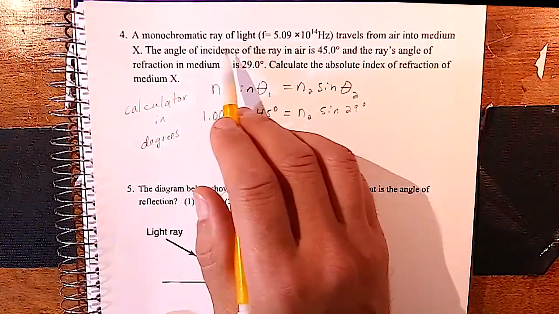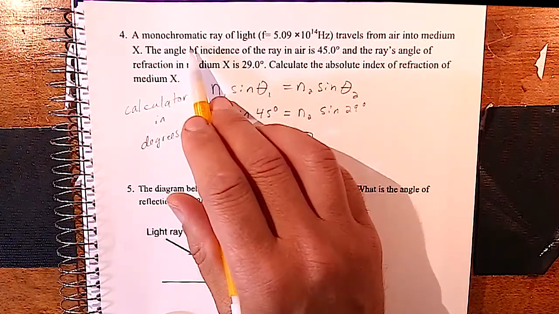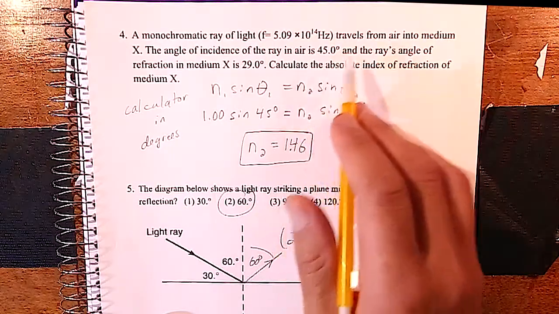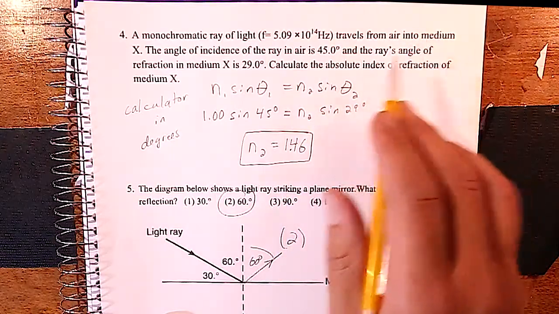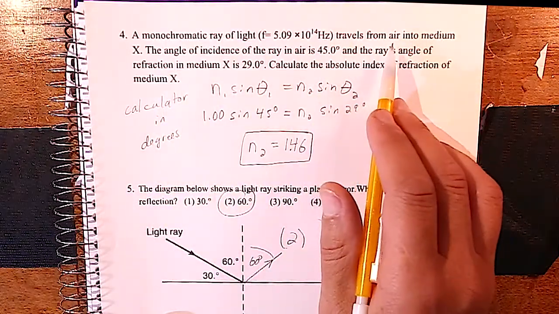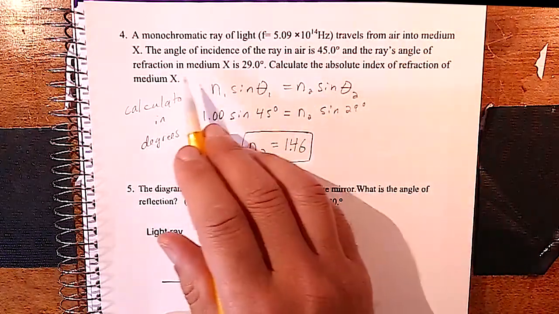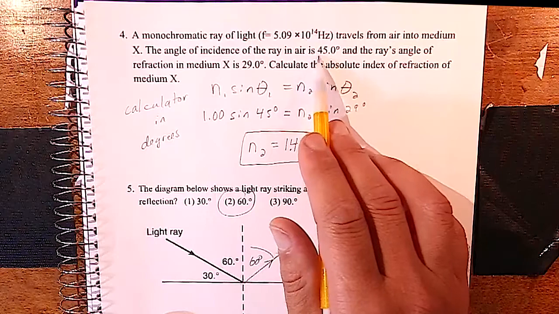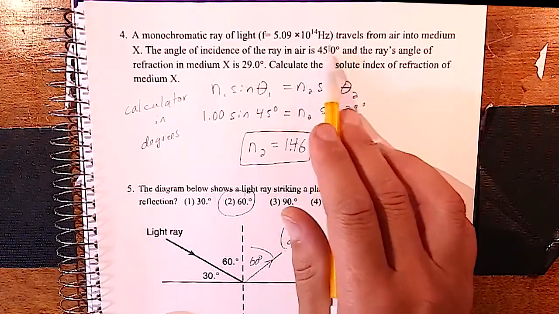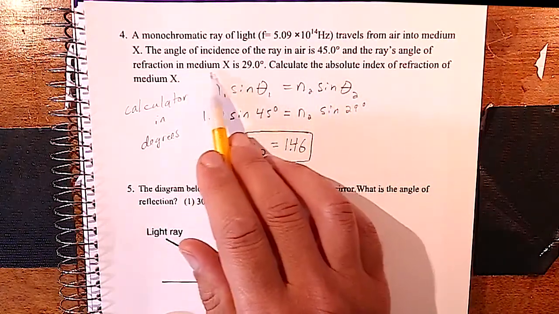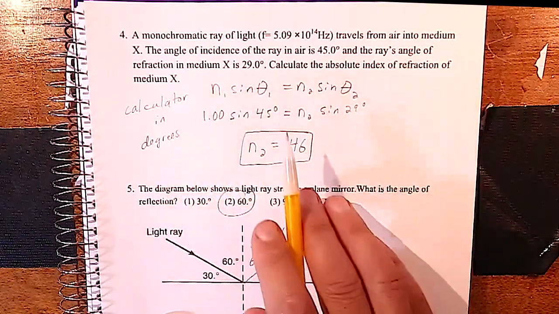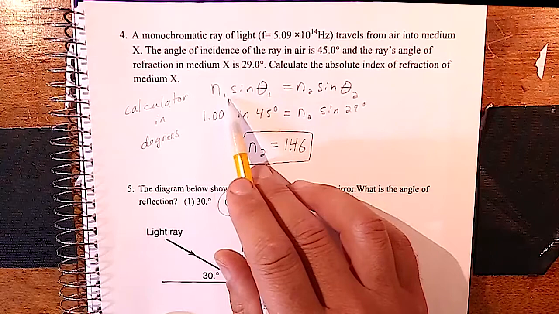This says a monochromatic ray of light, mono meaning one color of this particular frequency, that happens to be yellow, travels from air into medium X. So it's going from n equals 1 into a medium that we don't know the index of refraction of. The angle of incidence, that's going to be our theta 1, is 45, and the angle of refraction is 29 degrees. Find the index of refraction of medium X. So that's Snell's law.